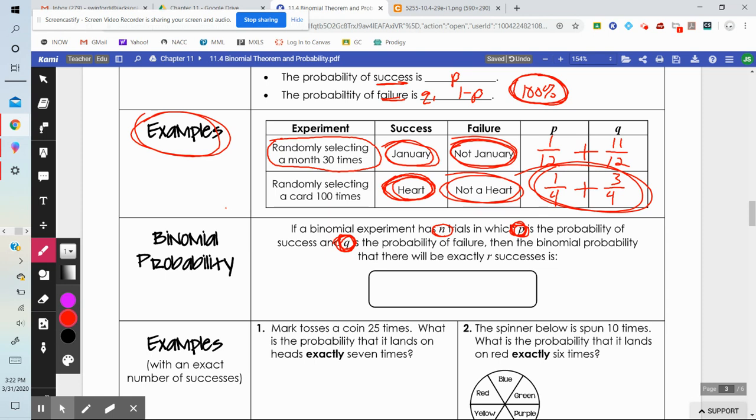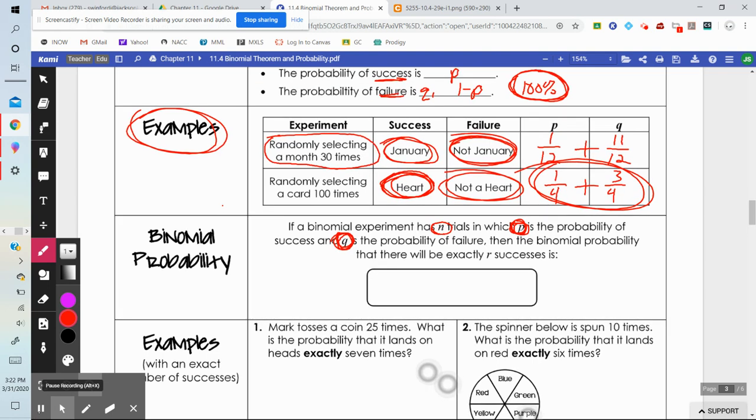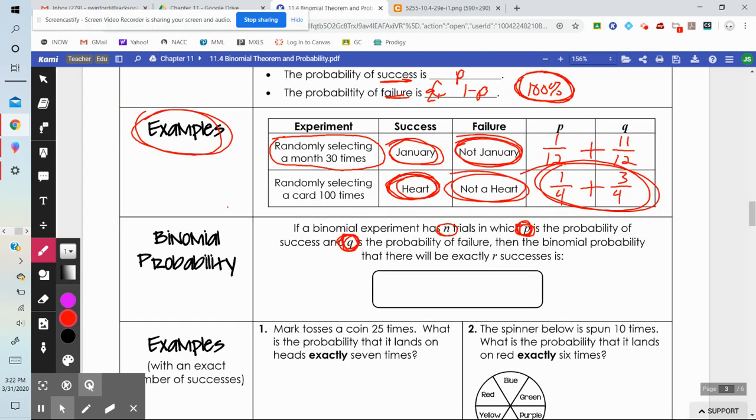Then the binomial probability that there would be exactly R successes would be the following formula. We start out with a combination, the combinations of N choose R. And again, the reason we throw in a combination is that's all the different ways that this could play out. Like in the last one, there were 4 different ways that it could happen.